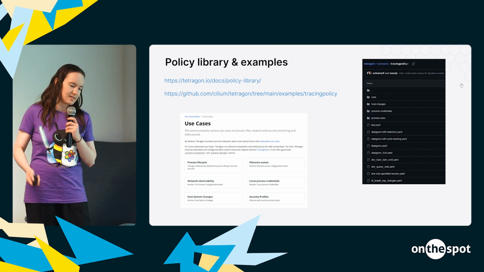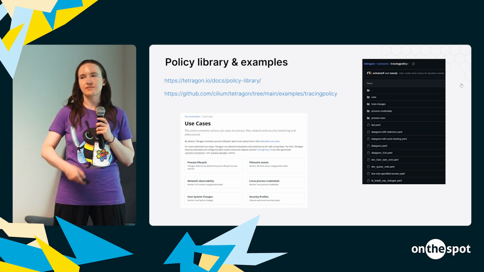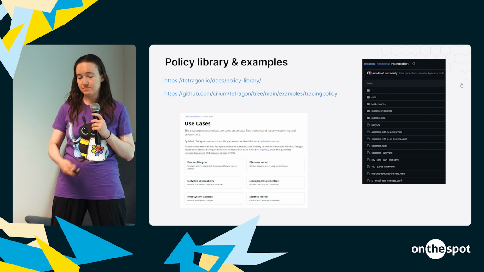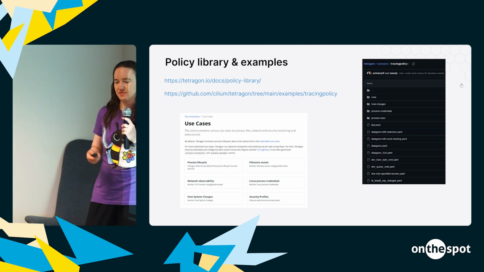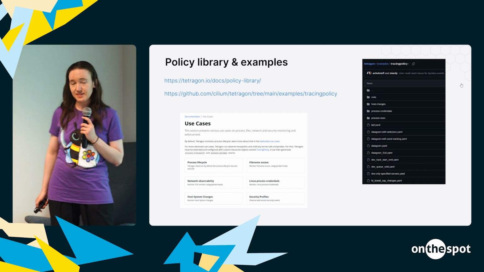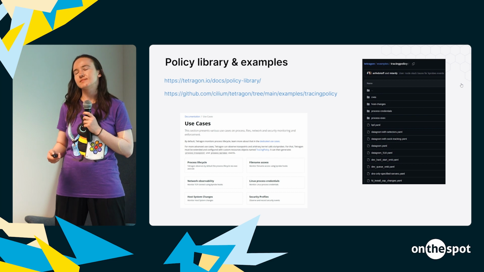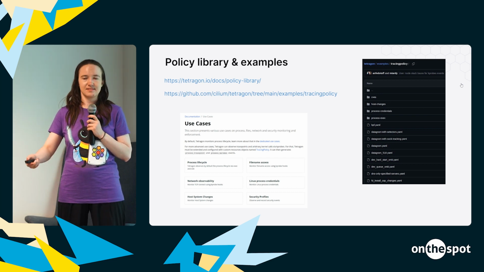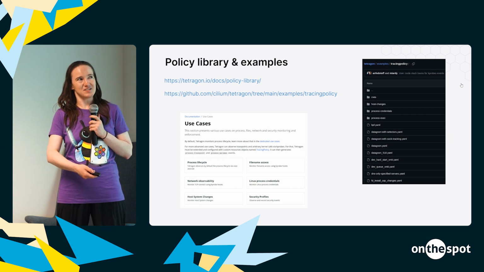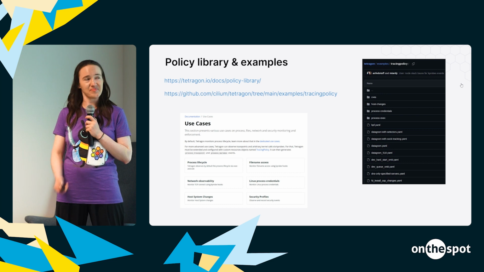There are tons of different policies for different use cases. There are some policies for, for example, CVEs that you might have heard of. And the policy library in the documentation is a curated list of policies that are recommended for some environments. You can just take policies from there and install them.